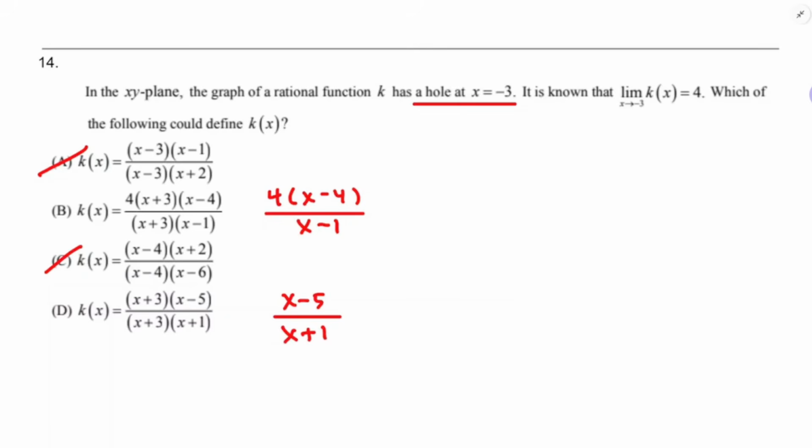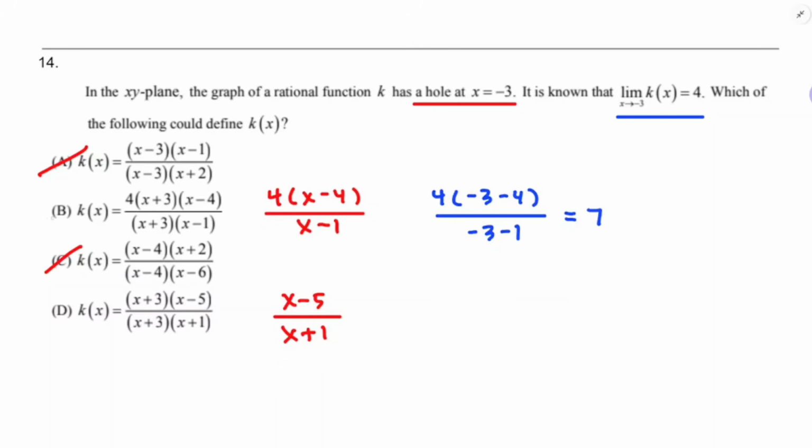When they say that the limit of k of x equals 4, what we're going to do is plug into what's left over and see what would have happened had we not had those redundant factors. 4 times, and then we're plugging in x equals negative 3. Negative 3 minus 4 is negative 7, divided by negative 3 minus 1, which is negative 4, so it'd be 7.